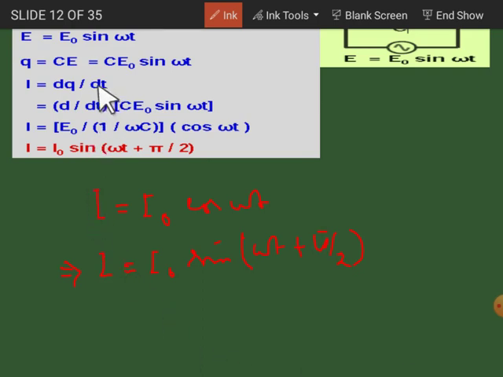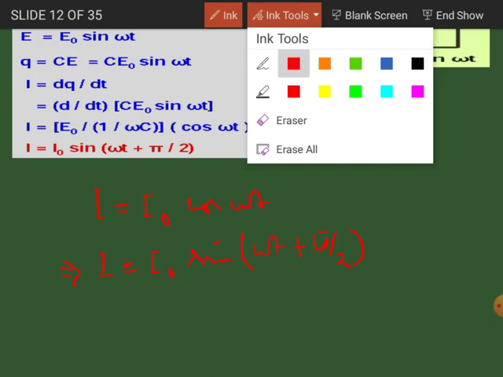So when we compare the equation of instantaneous EMF and the instantaneous equation of current, the phases are not the same. In the case of EMF it is simply omega t, but in the case of current it is omega t plus pi by 2. That means the phase is more in the case of current.